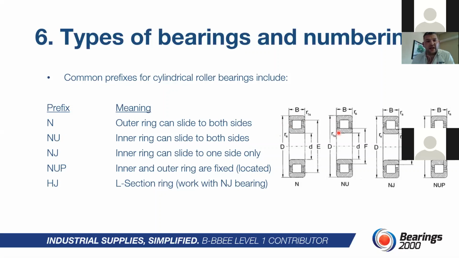NJ will indicate that the inner ring can slide to one side only. There you can see that it can slide, and there is a little ridge, so it'll be able to slide to one side only. And then the NUP will indicate that the inner ring and outer ring are fixed or located. And then you get the L section ring, which is an HJ, and that will work with the NJ bearing.